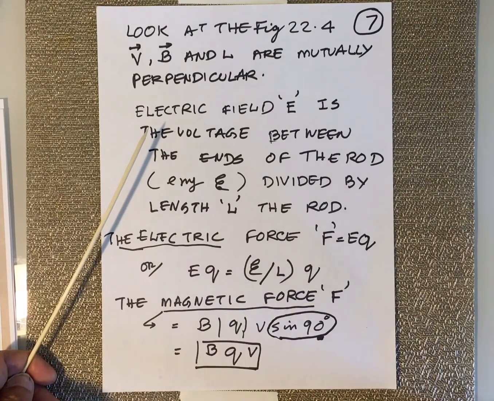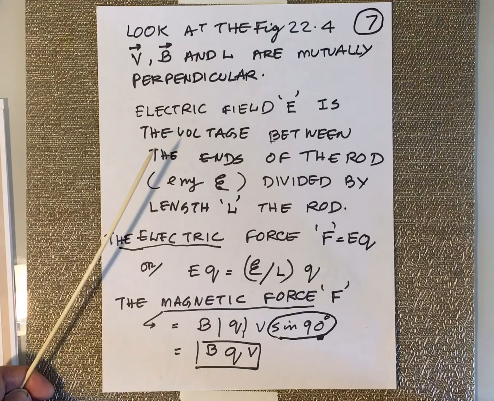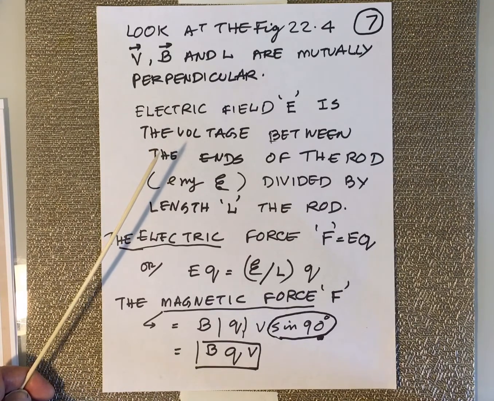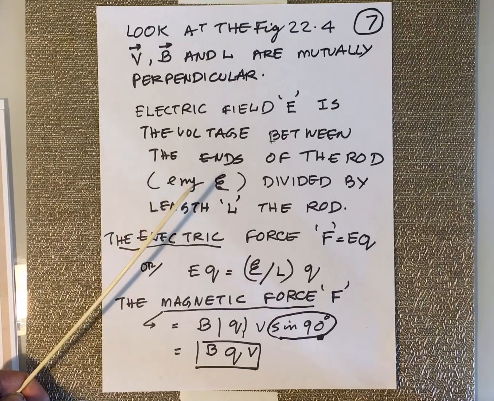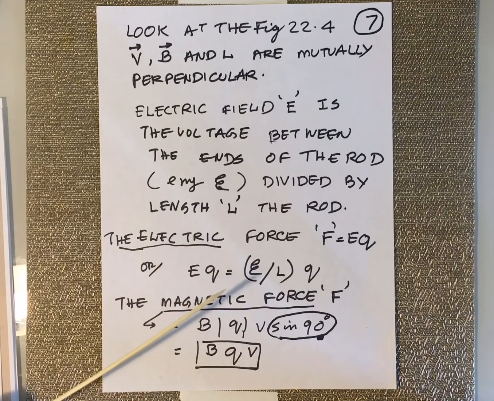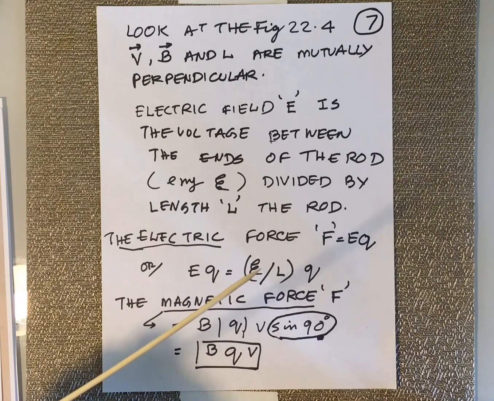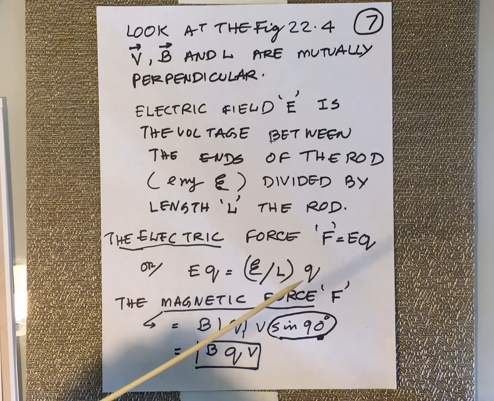So electric field E is the voltage divided by the length of the rod. That's what I show you here, voltage divided by length of the rod. And electric force is F, which is EQ, that equals epsilon divided by L times Q. So electromotive force divided by L times Q.